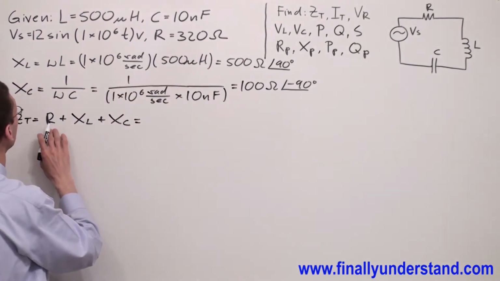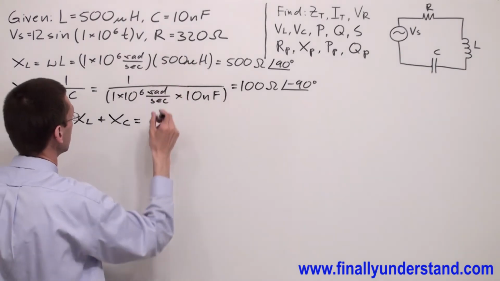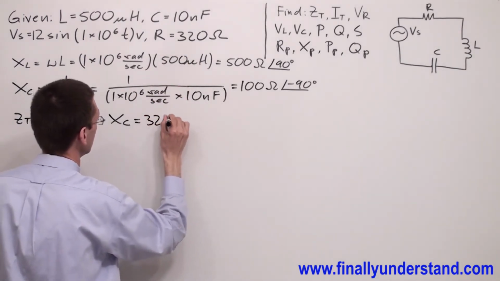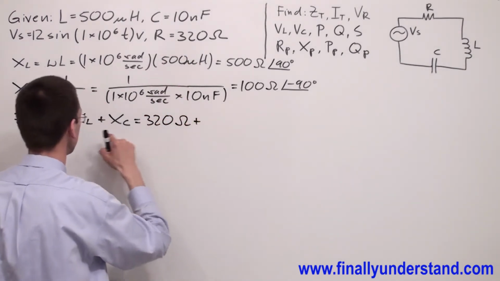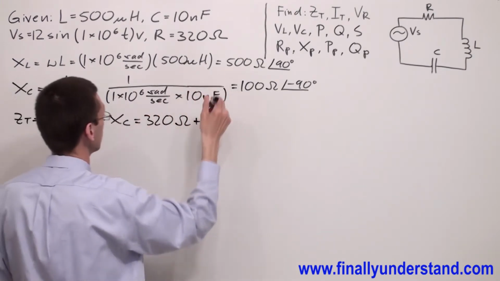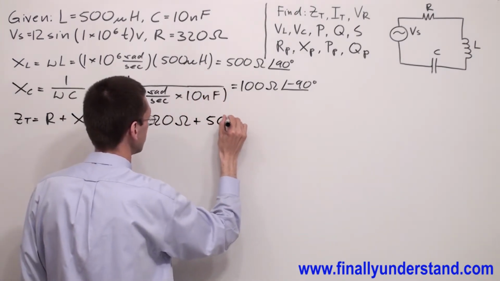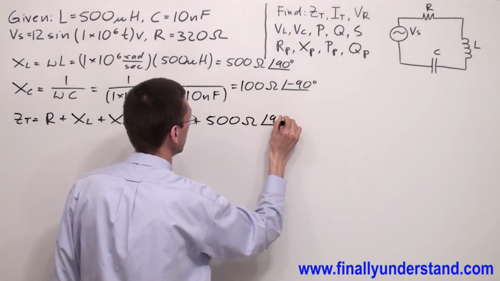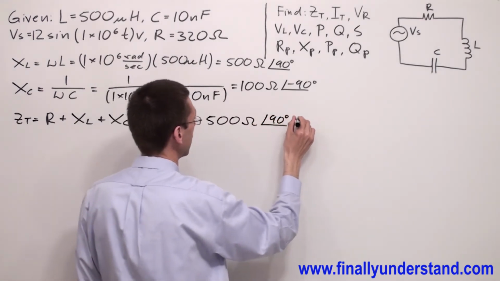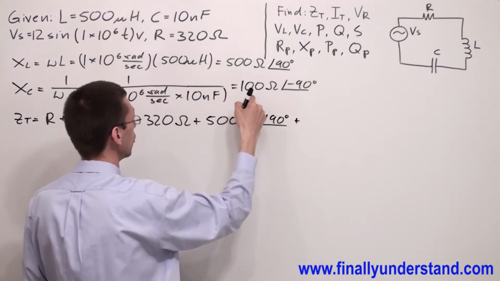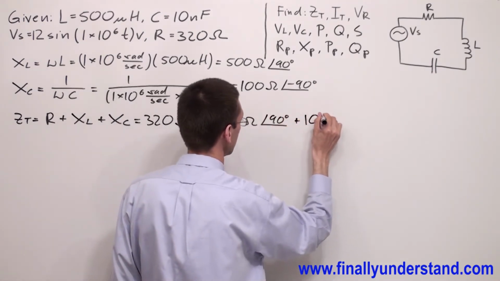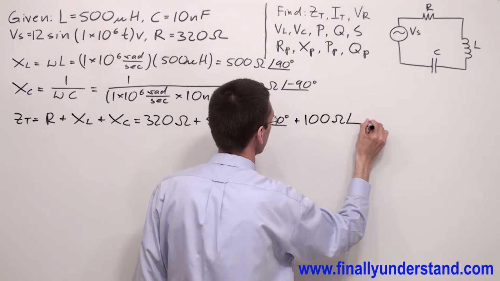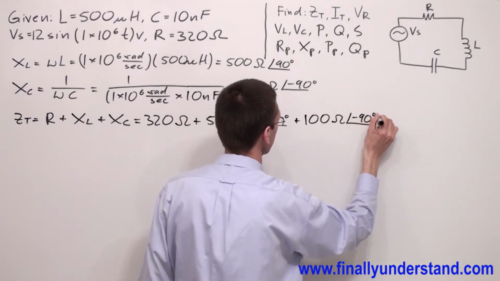So we have R equals 320 ohms plus X of L, which is equal to 500 ohms and angle of 90 degrees, plus X of C, which is equal to 100 ohms and angle of negative 90 degrees.